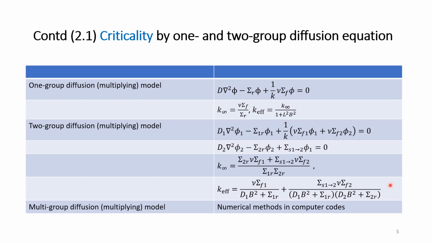Now, this again we are taught in university in our first course on reactor physics, and then we go on to multi-group diffusion where we carry out a numerical simulation using computer codes such as Anderson, DOT, TRIDENT, MCNP, MORSE, OpenMC, KENO, TRIPOLI, etc.